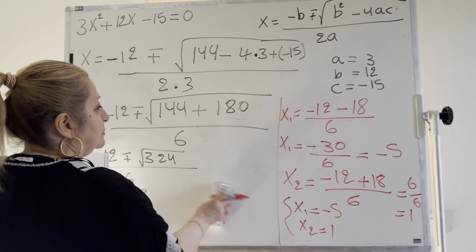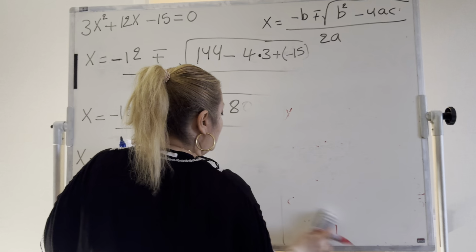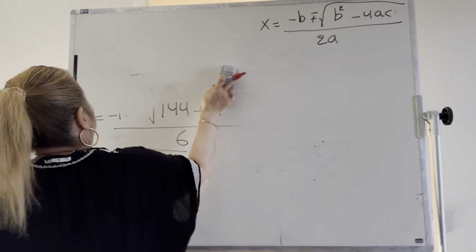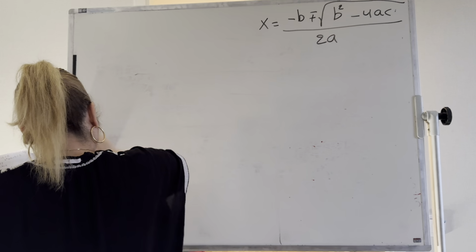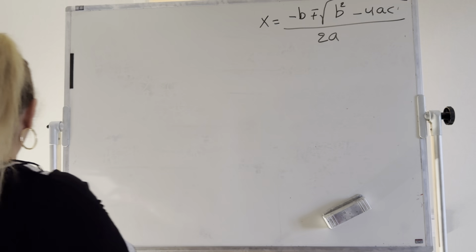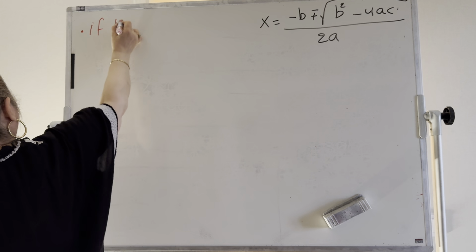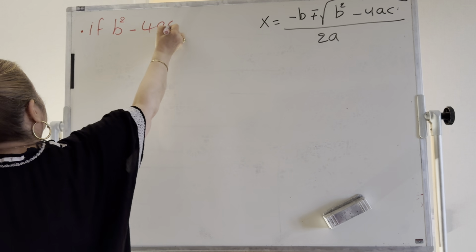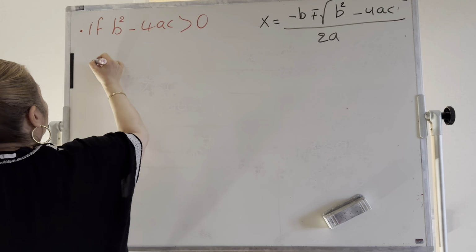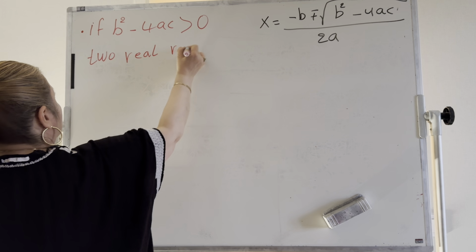I will write something to remember. If b squared minus 4ac is bigger than 0, we will find two real roots, solutions.